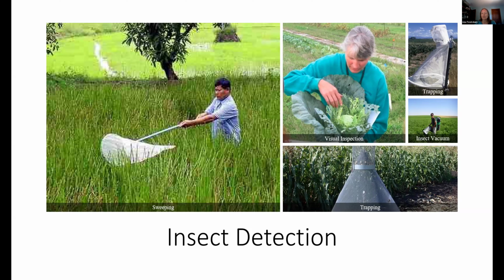So to decide that you have a pest, you have to be looking. And so one of the real important facets of integrated pest management is insect detection. Monitoring, sometimes it's just visually, sometimes it's using a net or a trap. There's many, many different ways, but detection is really important.